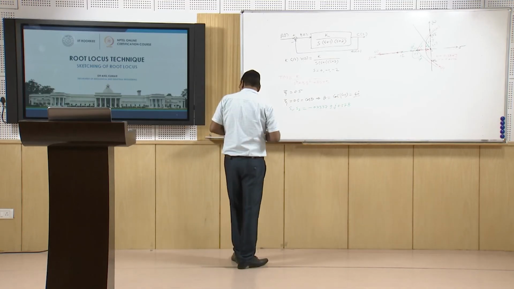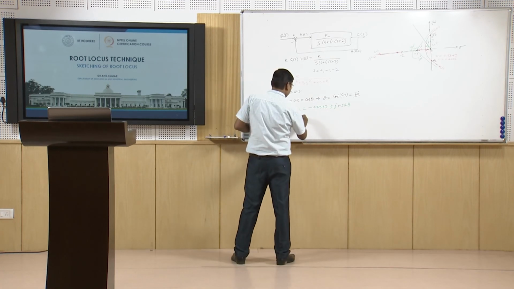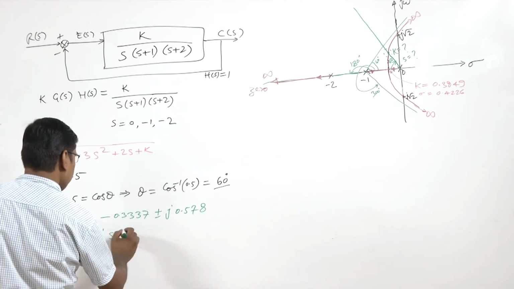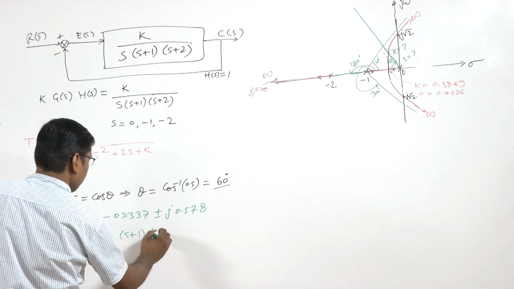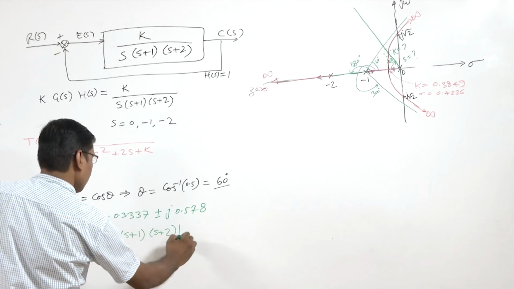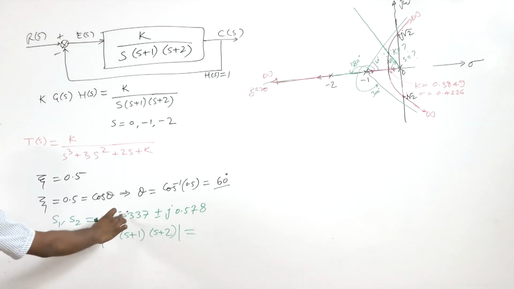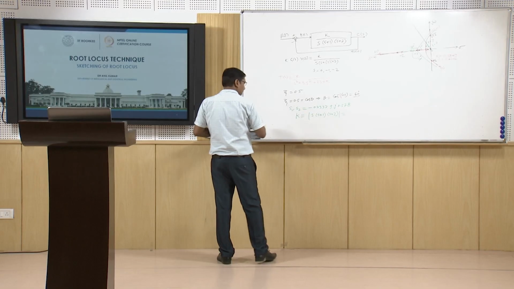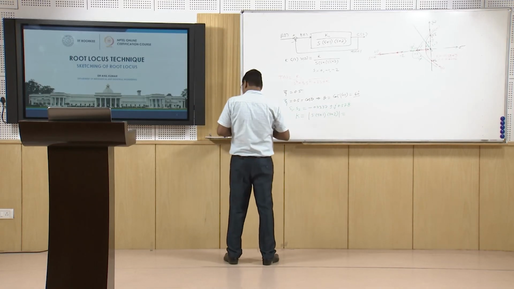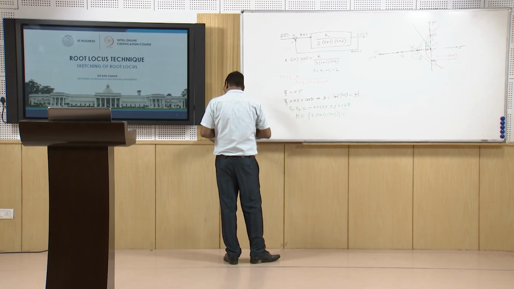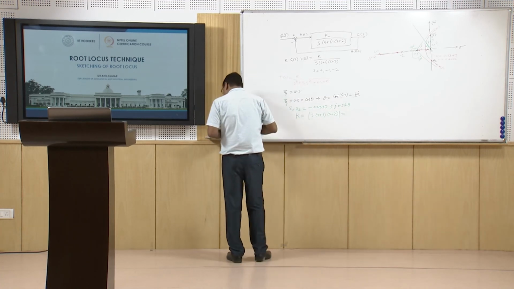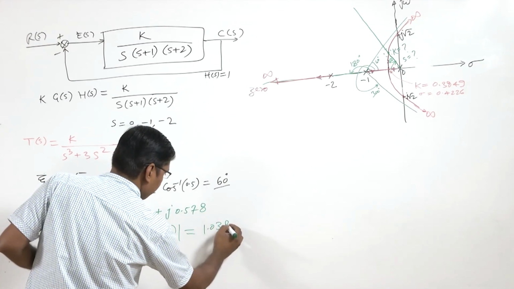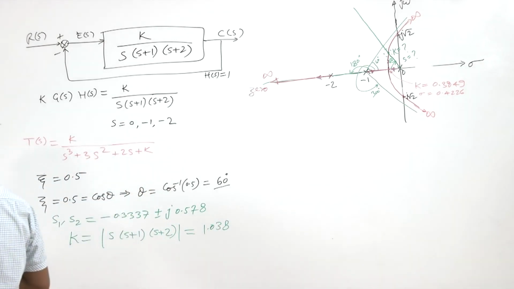And we can find the gain for this. So gain we can find using S, S plus 1, S plus 2. We put one point here, maybe this one, minus 0.337 plus j 0.578, and we find the gain for it, and we get 1.038.